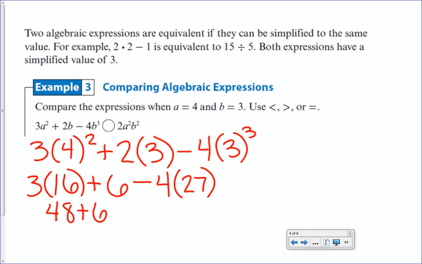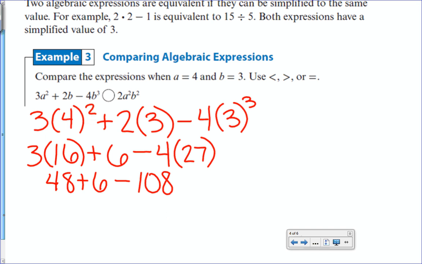Plus 6 minus 4 times 27 is 108. 48 plus 6 will be worked next because it appears first. That is 54 minus 108. That gives me negative 54. So the left-hand side is negative 54.